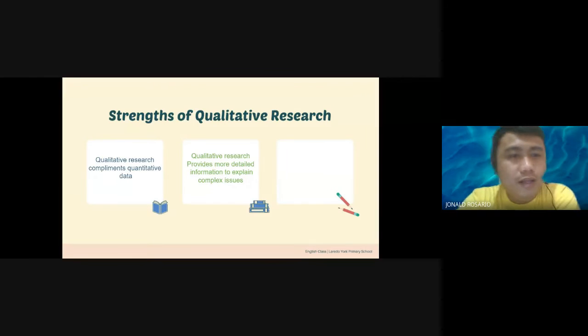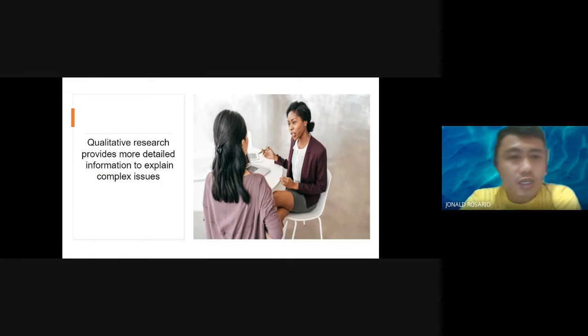The second one, qualitative research provides more detailed information to explain complex issues. Since this type of research requires the researcher to immerse himself or herself in the phenomenon under investigation, direct experiences can be acquired.